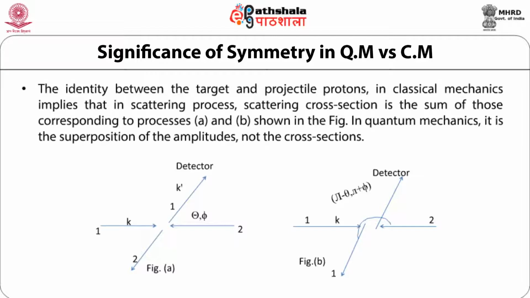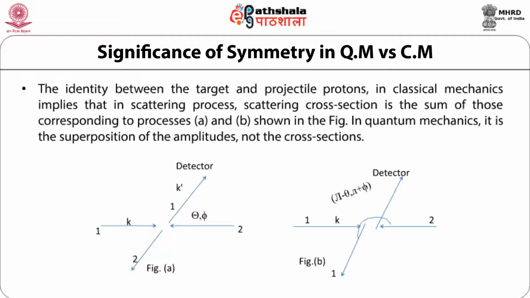The angle which the scattered proton 1 makes with the original direction, or the angle between the wave vector k prime and the wave vector k, is given by theta and phi.